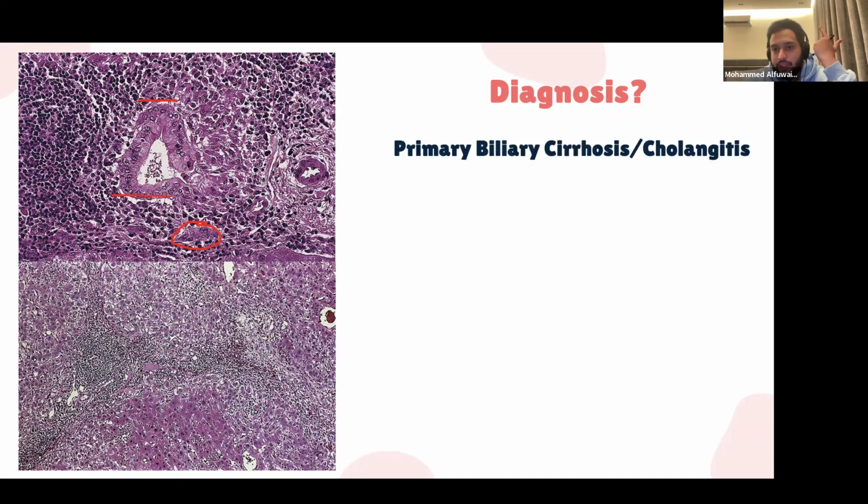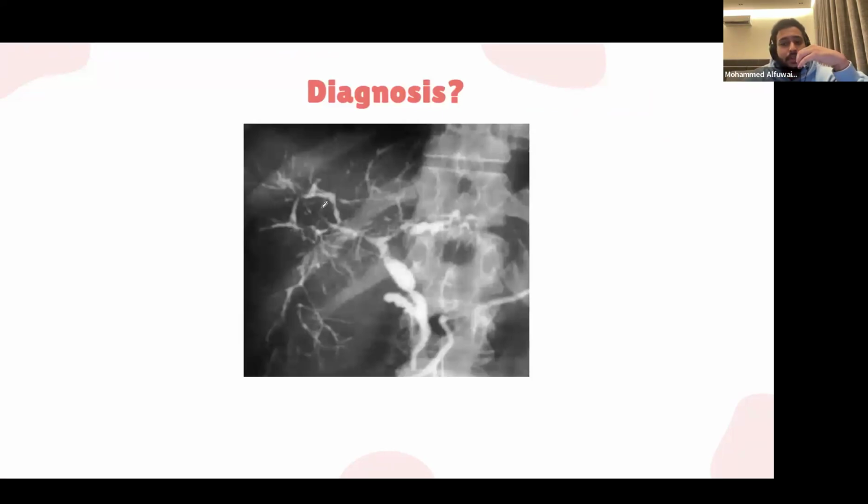Important, female, 30s to 50s, or that age group, associated with pruritus, severe. Antibody is anti-mitochondrial. Good. How about this patient? Good. Primary sclerosing cholangitis. What image modality is this?